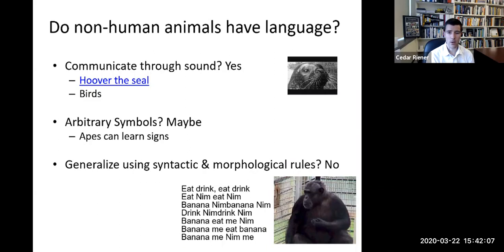So, the ability to communicate with arbitrary symbols. Right now, that word, apes, A-P-E-S, those are symbols. That's just, you know, black ink. Well, I guess it's not ink, right? Black screen against a white background.